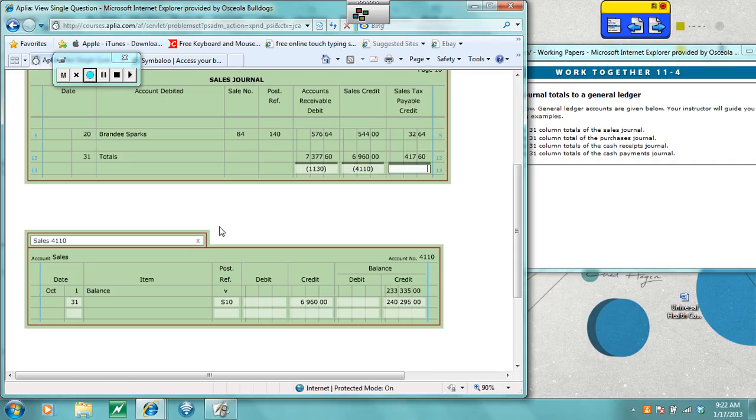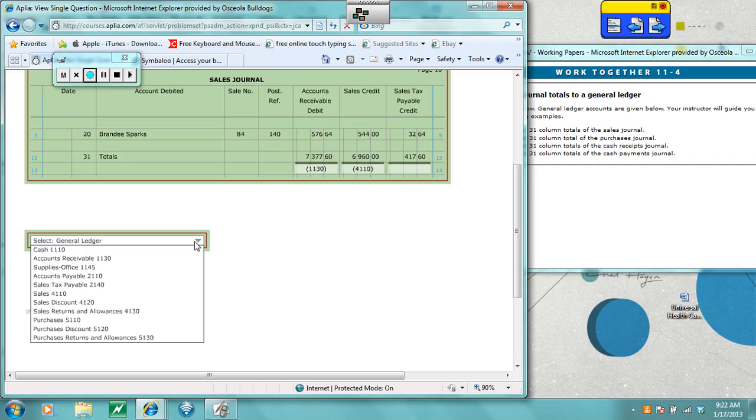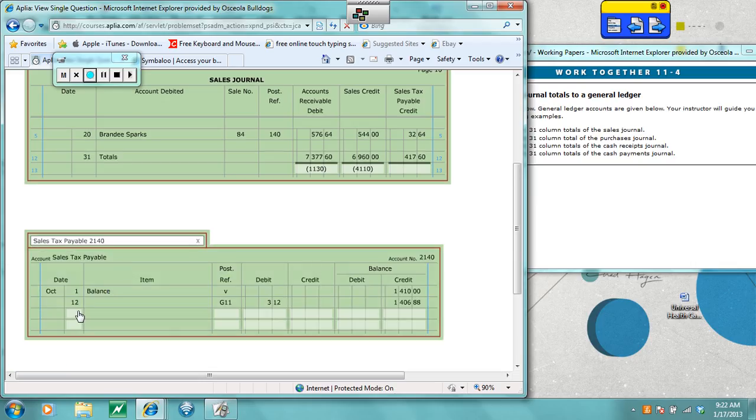Now we have to post this. Sales tax payable, 31st, S10. It's a credit, meaning that we owe the IRS that money.